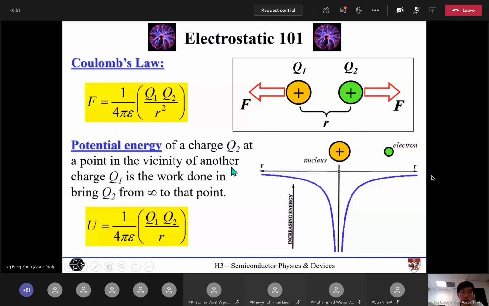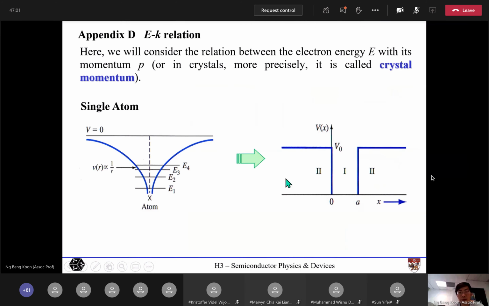As I mentioned before, according to electrostatics, the potential energy is a 1/r relation. So if you have an electron around a positively charged nucleus, that's the potential energy the electron will experience. But if you want to use this, it is rather complex. In order to simplify this, we can use an approximate representation.